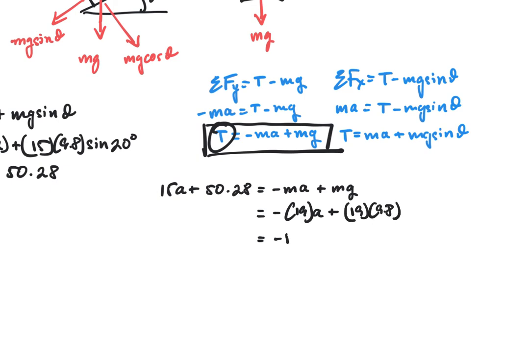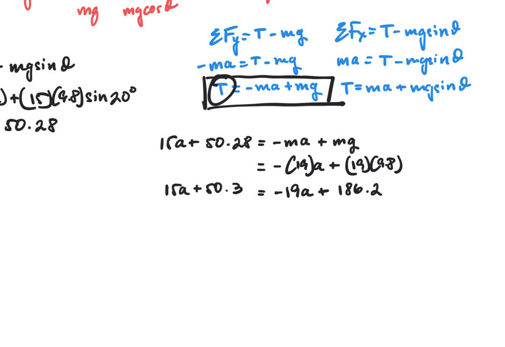This becomes 19a plus 19 times 9.8, 186.2, equals 15a plus 50.3.